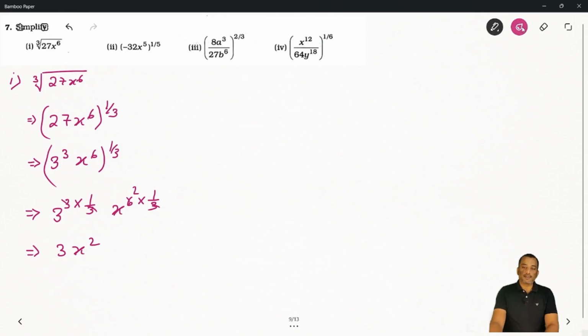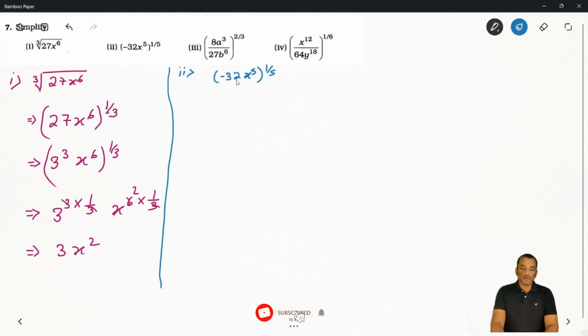Now let's solve the second one. The second one is also very easy. It is saying bracket minus 32 x to the power 5, over 1 by 5. So first here, you have to take 32 directly. You will know that 32 is a power of 2.